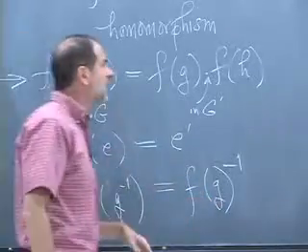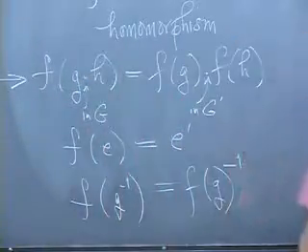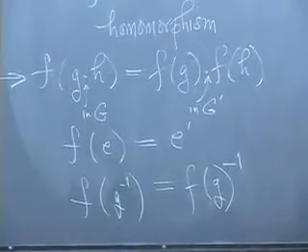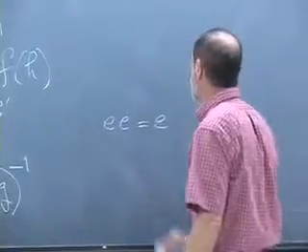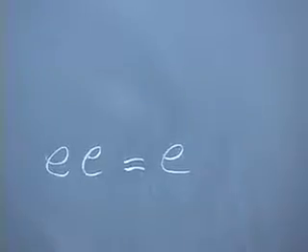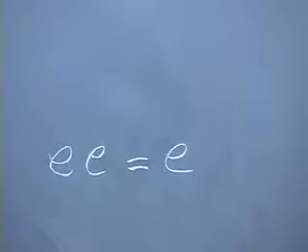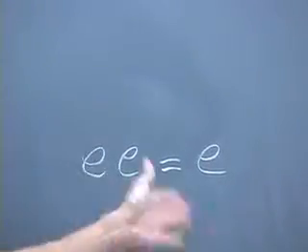To prove that it takes the identity into the identity, you use the fact that in a group, e times e is e. e is the only element which has that property. No other element has the property that a times a is a. It is the unique element with that property because you could cancel by multiplying by e inverse.